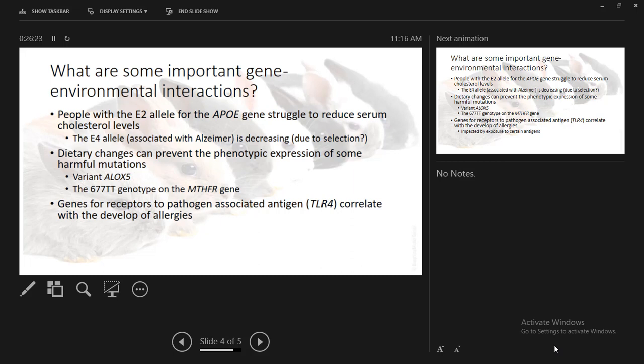But you're like, okay, that's genes, although we're getting environmental because we're getting non-pathogens. But what's cool about this is a lot of these mutations can basically be overcome by exposing yourself to the accidental antigen very early in life.